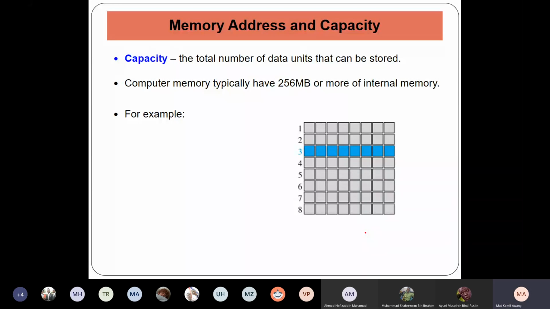The minimum now is about 256 meg, maybe even more than that now. For example, for this one, you have 8 by 8, which the total capacity is 64 bits. Yes? Okay.